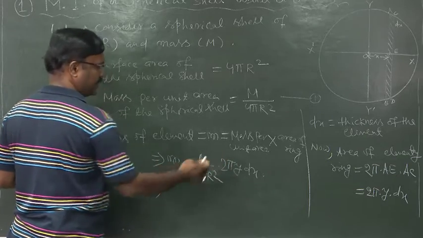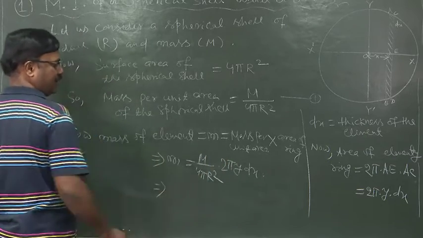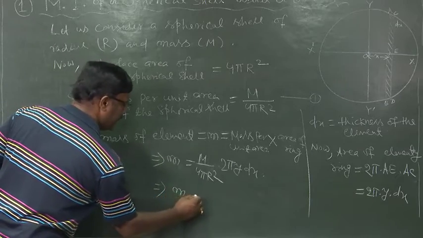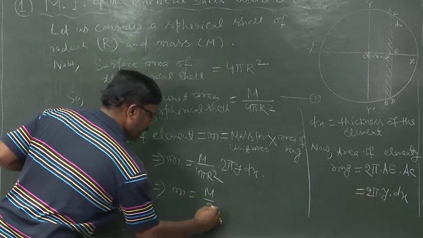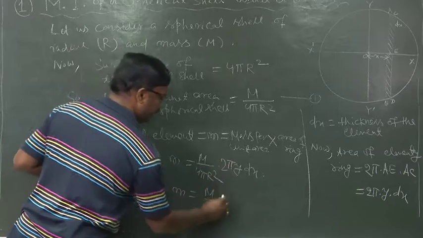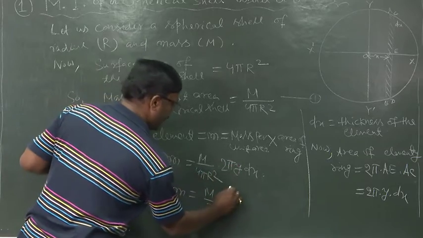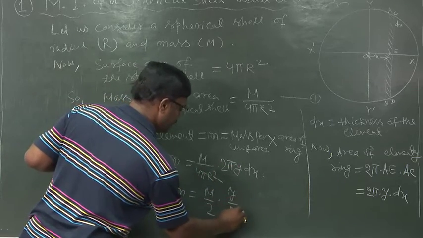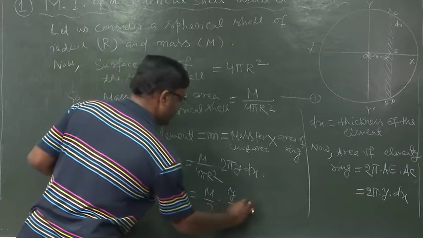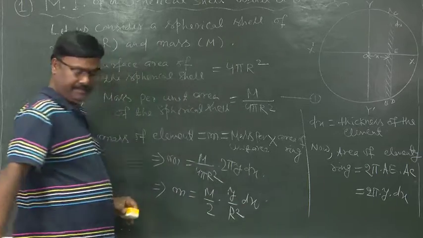Now, 4 and 2 get cancelled, here we get 2. So, small m is equal to m by 2 into y by r square into dx.